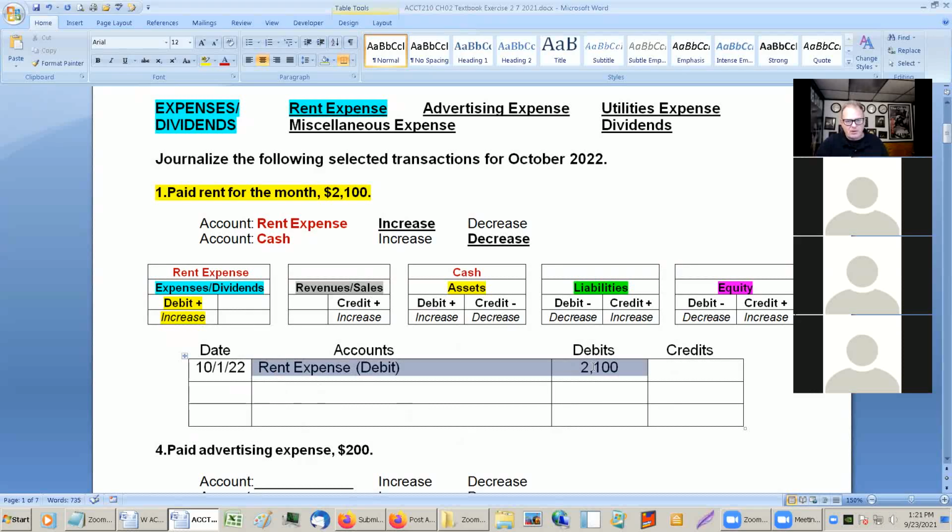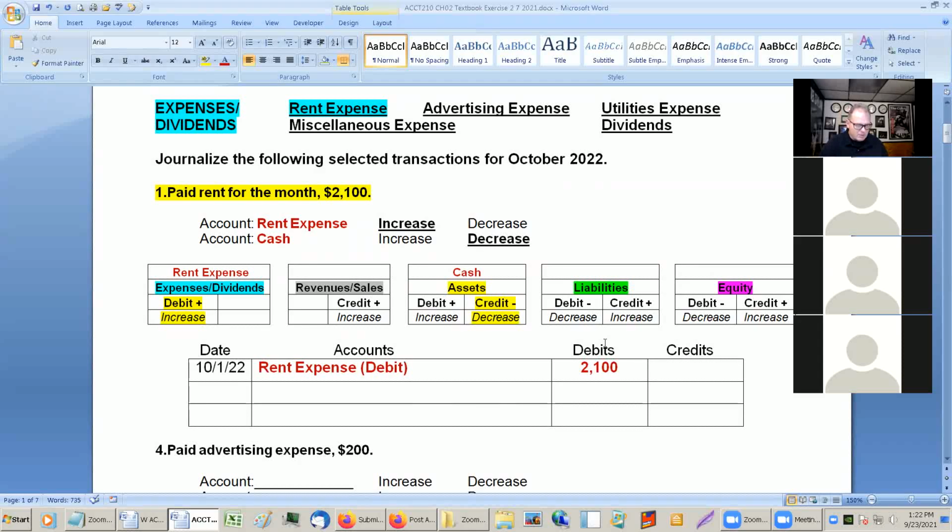So notice though, if you get this, that's an expense. Expenses are always debits. You really don't even need to go through all this. I mean, you can, it does work out. But if you know what the debit is, the other account has to be a credit.